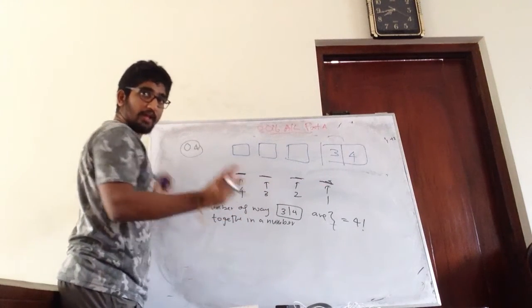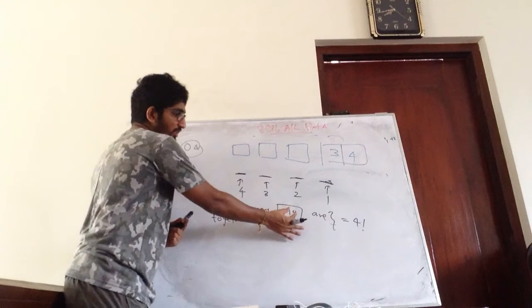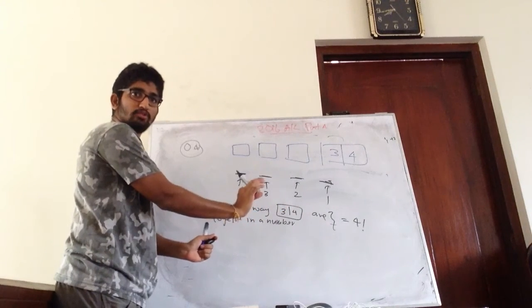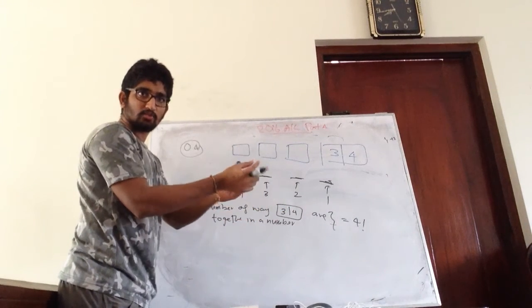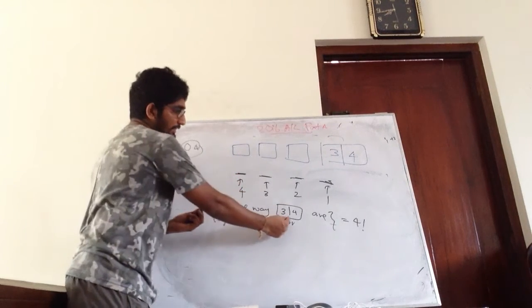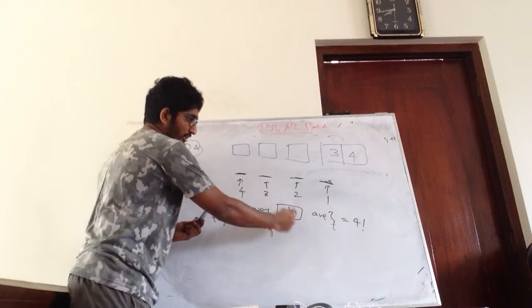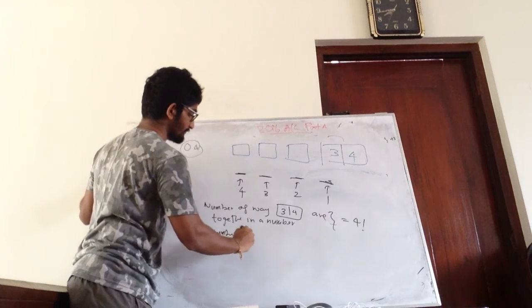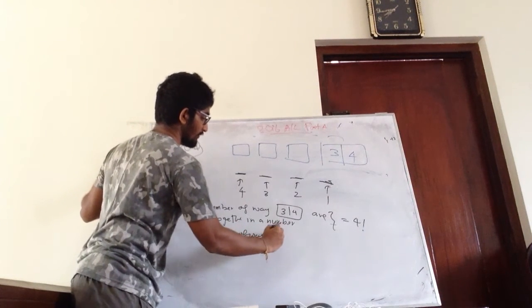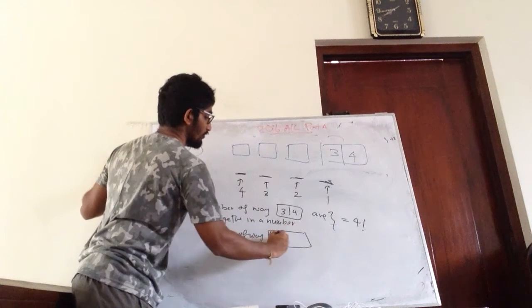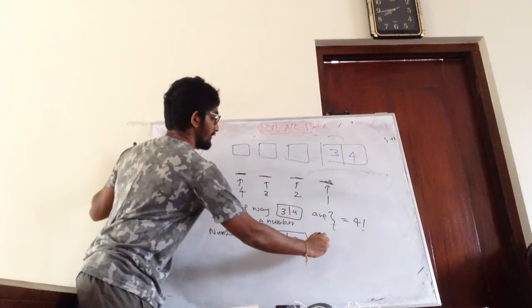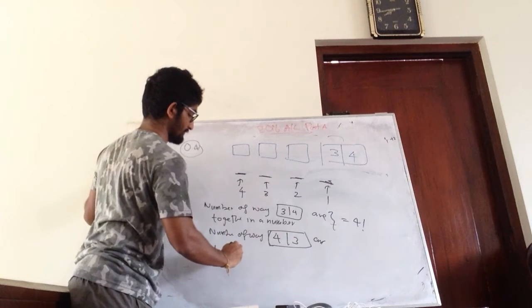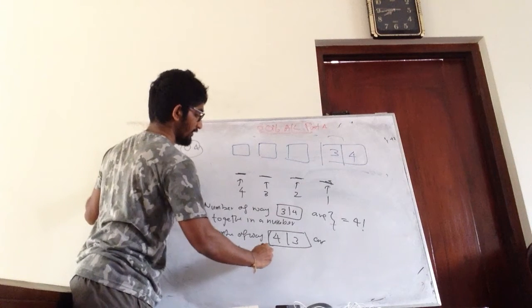Then this can interchange, no? To have this together, because it's 3, 4, it can be 4, 3. So the number of ways 4, 3 are together in a number.